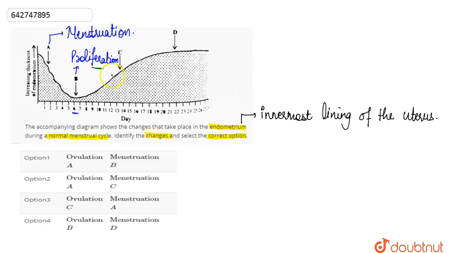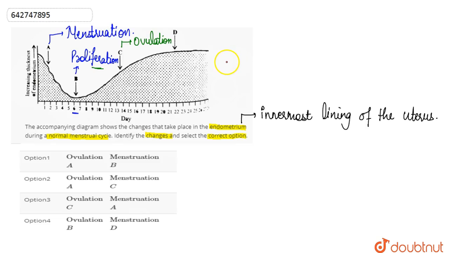It is increasing, and on the 14th day, ovulation occurs. Ovulation basically occurs on the 14th day of the normal menstrual cycle, when the release of the ovum takes place from the ovary.